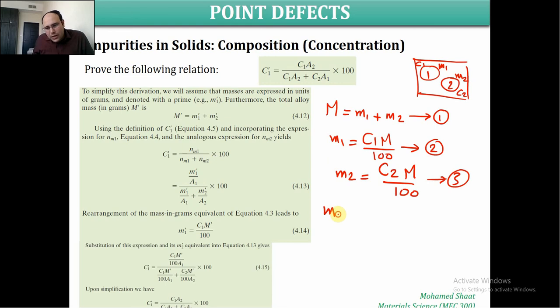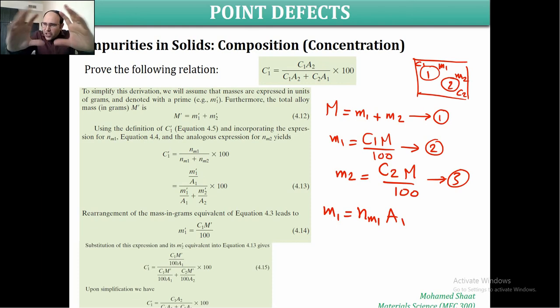Yes, we can approximate the mass of element 1 as the number of moles of element 1 times its atomic weight. Because the atomic weight of element 1 refers to the mass of 1 mole of this element.